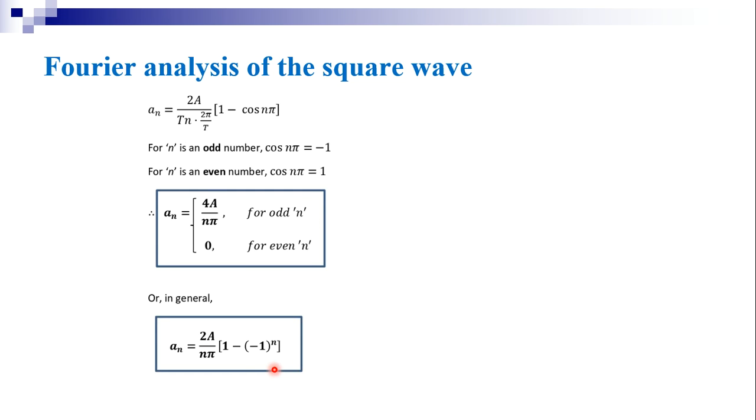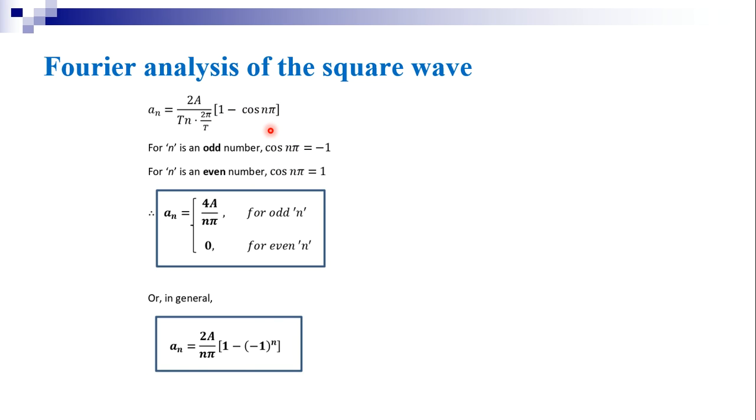After simplification, we get an is equal to 2A by T into n into 2 pi by T into 1 minus cos n pi. Here we have to put the value for cos n pi.